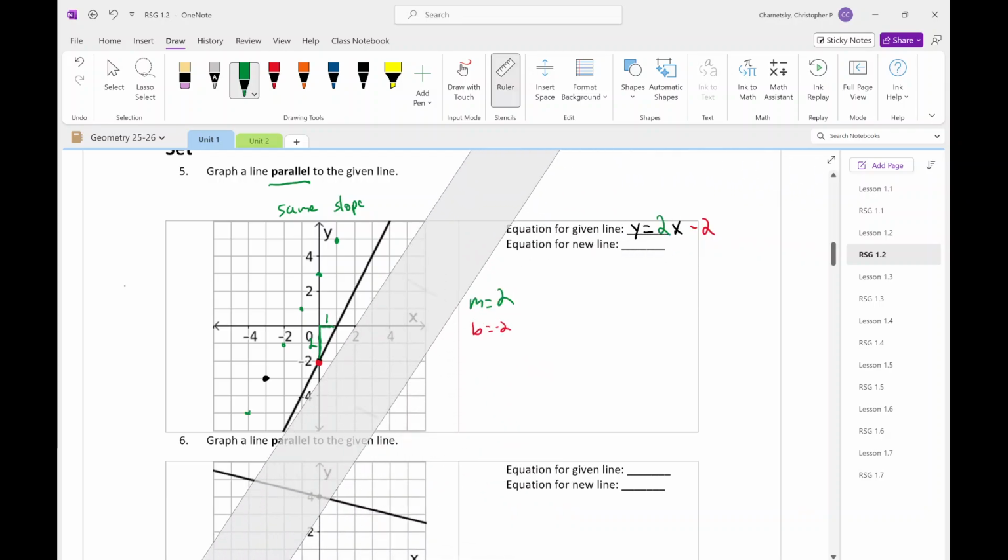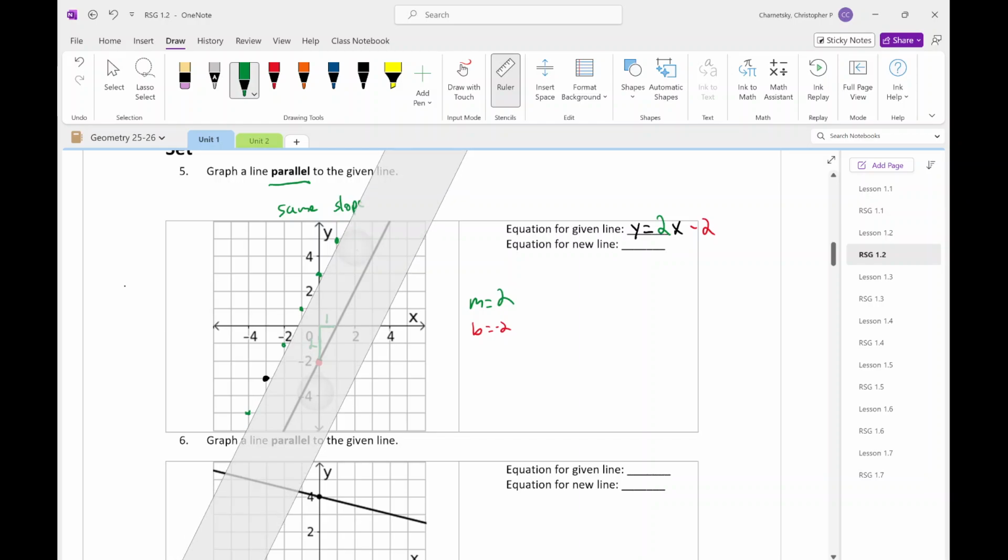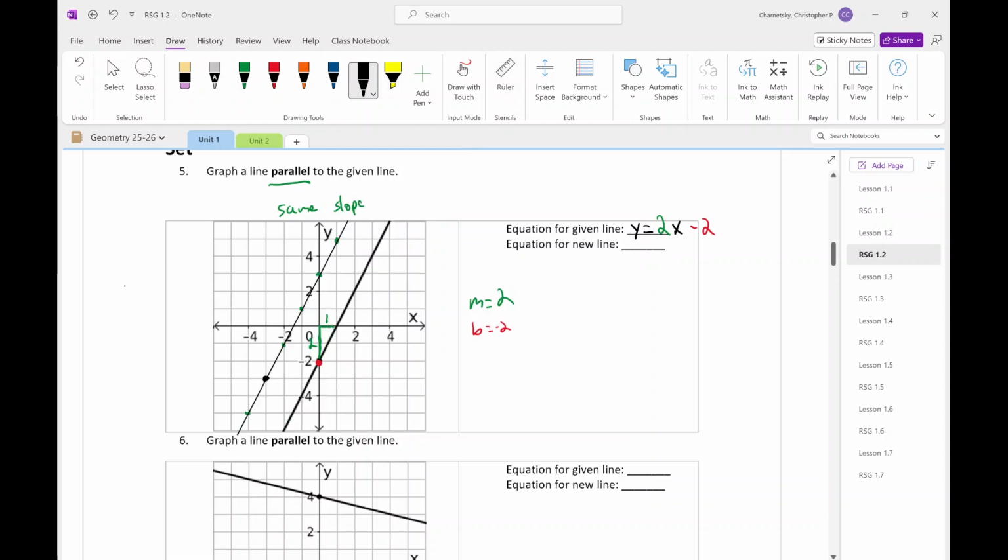And then we can connect our dots. And there is our parallel line. One of a whole bunch of different solutions that we could use. Really just depended on where I put my first original point.